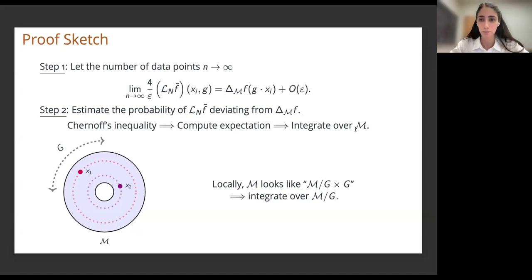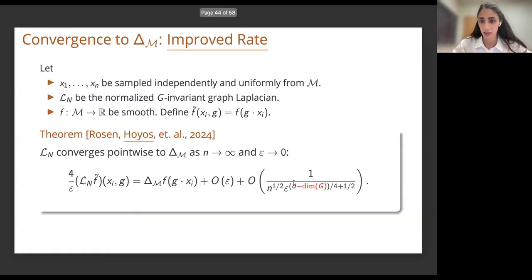But we know that our manifold is G-invariant. And that means that locally it looks like a product of the quotient space times the group. And we can basically just do some math and reduce the problem of integrating over the manifold to integrating over the quotient. And so that's how we get here.